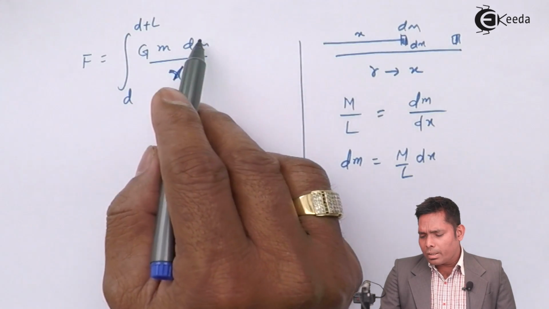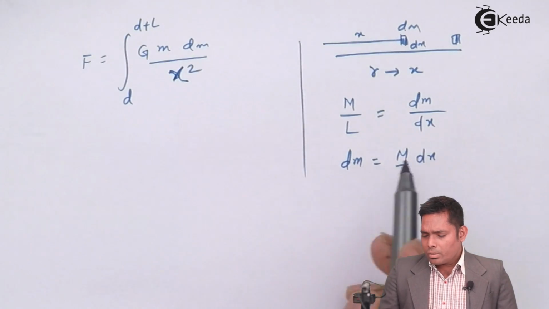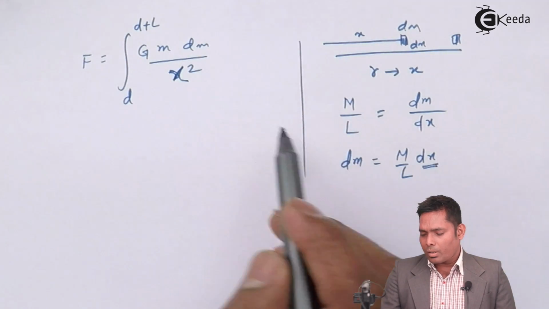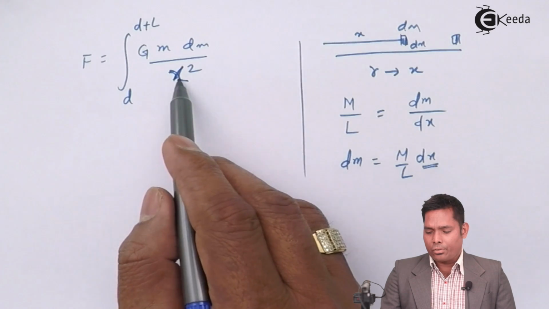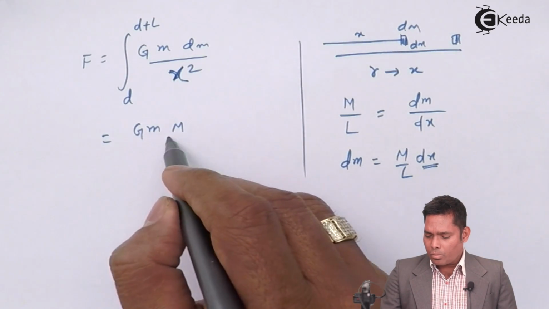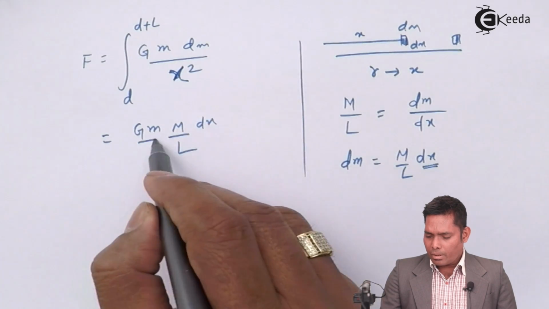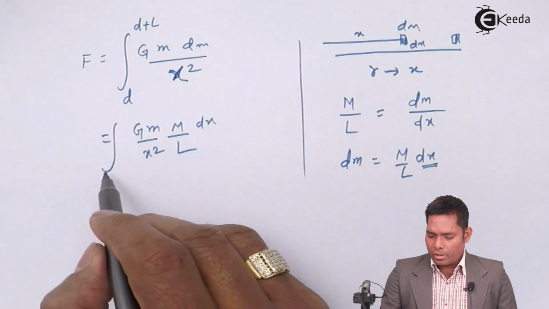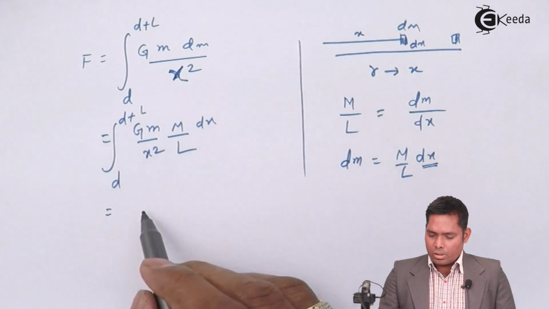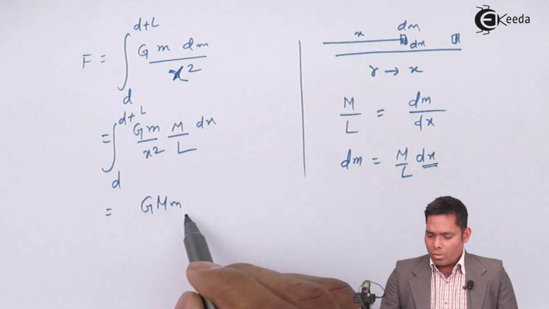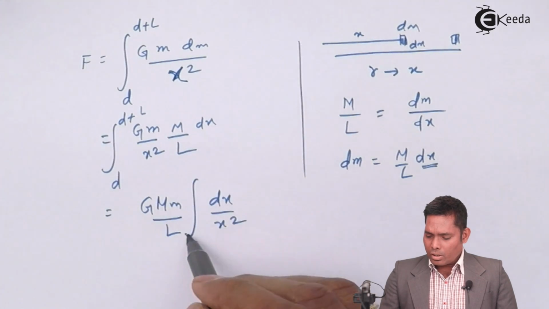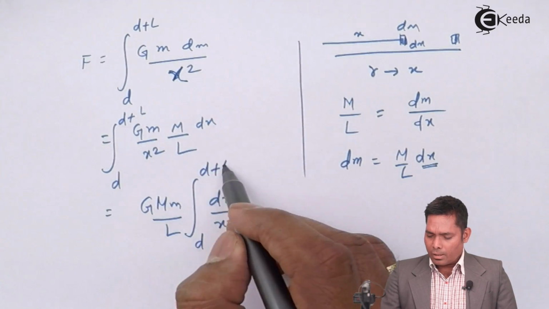I'll substitute this value here, which converts dm in terms of dx and will help in integration. So this is G m, m over L dx divided by x square, integration d to d plus L.